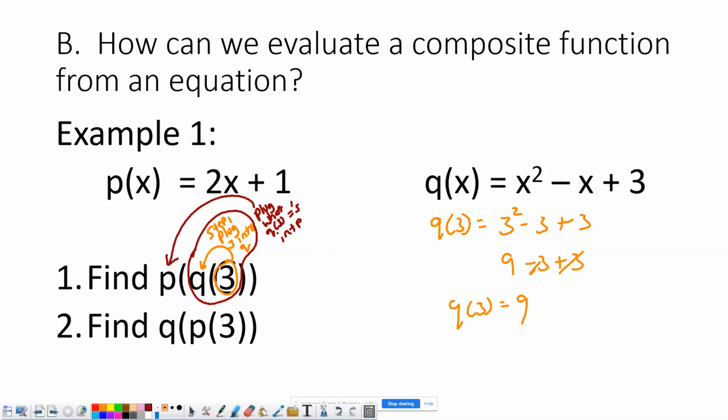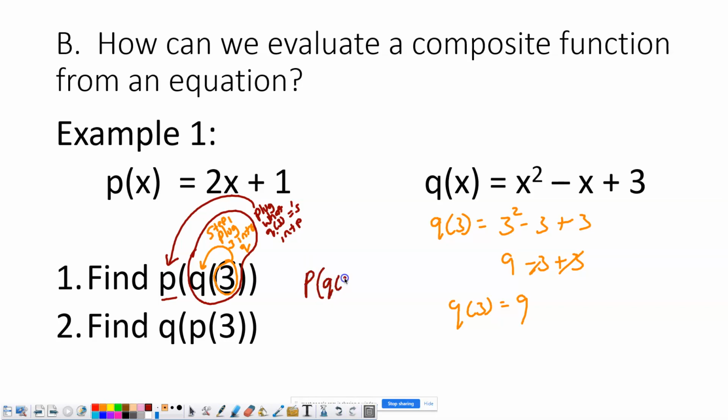Okay? So q of 3 equals 9, right? So that means I'm going to plug 9 into p, because that's what q of 3 is. Q of 3 is 9, so p of q of 3 is the same thing as p of 9. So I'm basically just going to be plugging in 9 into the p function now.